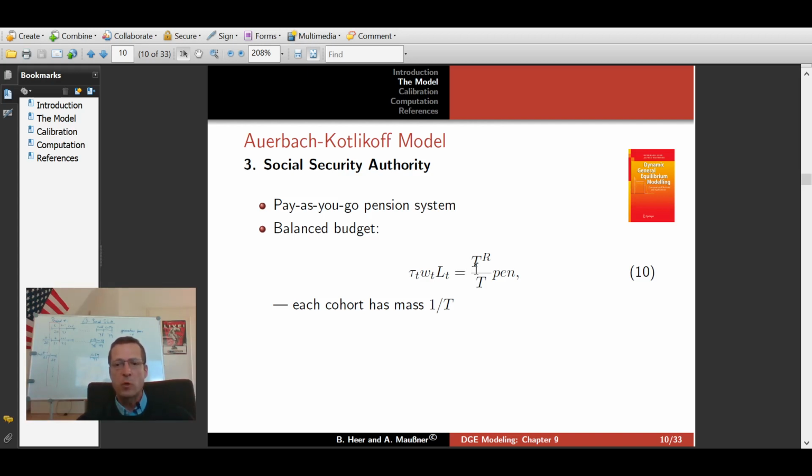We know that the measure is 1/3 of the cohorts, and therefore the budget is presented by equation 10. The total Social Security contributions, tau times w times L, are equal to total pension payments of the Social Security Authority. And since the measure of the retirees is 1/3, it's equal to 1/3 of the pensions.